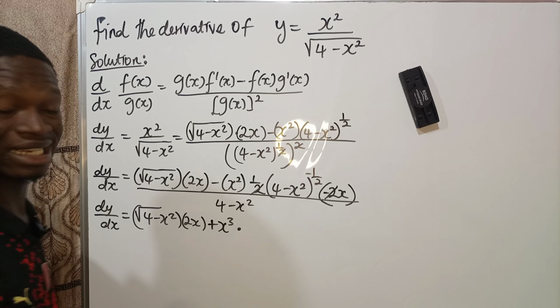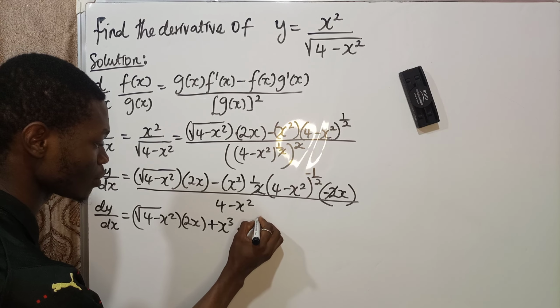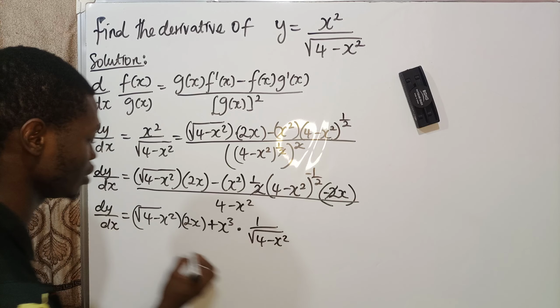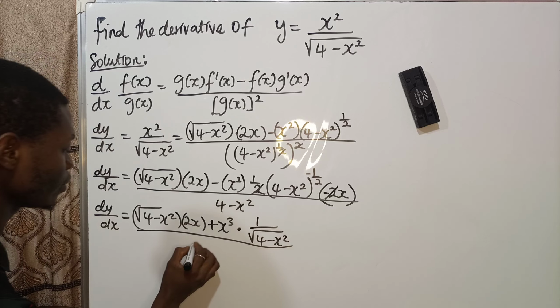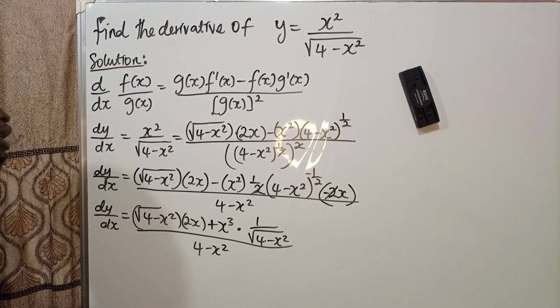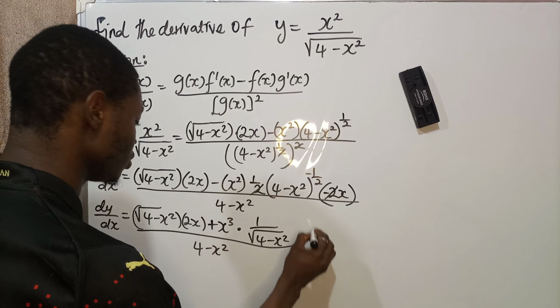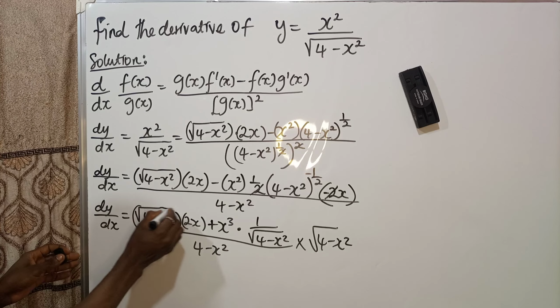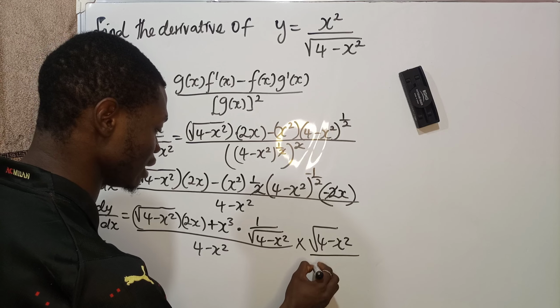Using negative indices, it's going to be 1 all over the square root of 4 minus x squared, all over 4 minus x squared. Now I can decide to multiply through by the square root of 4 minus x squared so as to clear these square roots, both numerator and denominator.